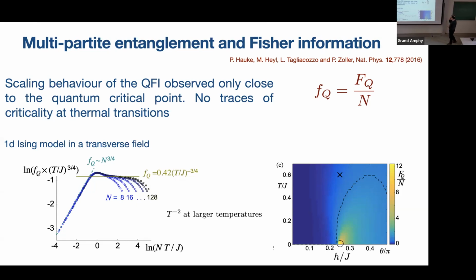Now, one point which they made is that if you have a thermal transition, there is no trace of criticality in the Fisher information at the thermal points.